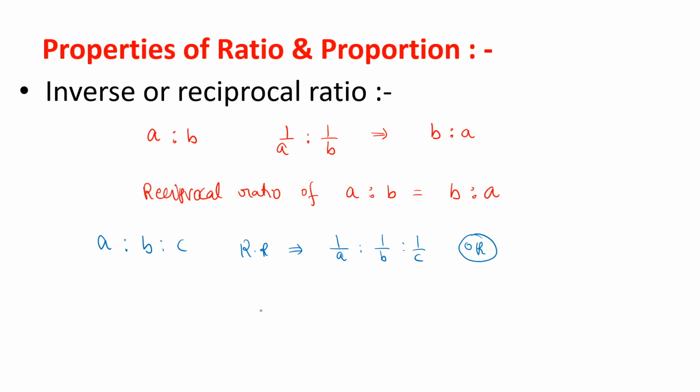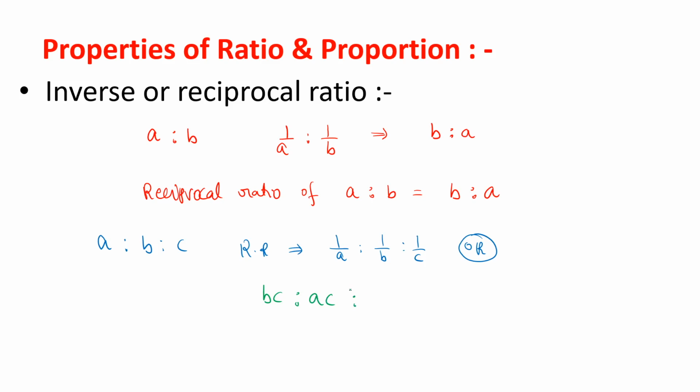To write the first term of the reciprocal ratio, just keep the first term of the given ratio aside and take the multiplication or product of the remaining two terms, that is BC. To get the second term of the inverse ratio, just leave aside the second term and take the product of the remaining two terms, that is AC.